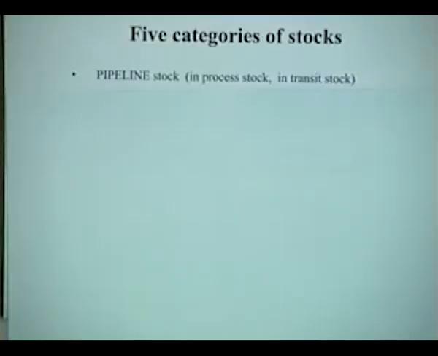So if there is no water in the pipeline, you will never get water at the point where you need it. Something similar is required in the inventory design system, because unless the assembly line is full, you will never get a car at the end of the assembly line. So these kinds of inventories are actually called pipeline inventories or pipeline stocks, and there is really very little you can do about them.